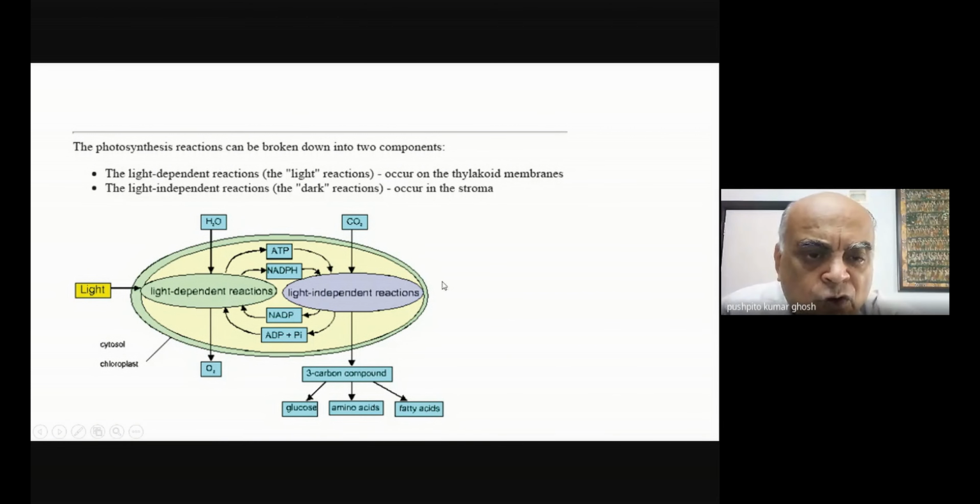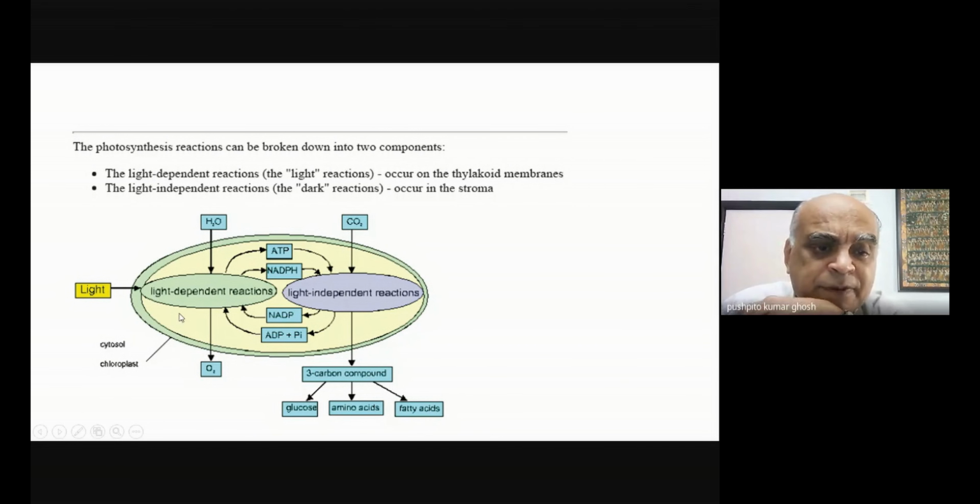One part is things which are light dependent. It only happens when there is light, and so this is called the light dependent reactions. Then there is another part which is light independent reactions. These don't need light, they are happening in the dark.